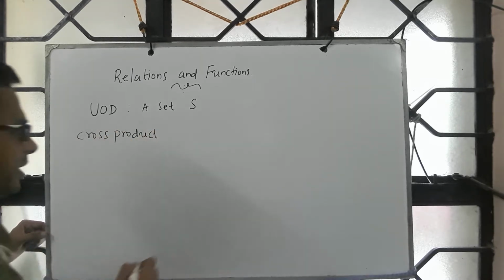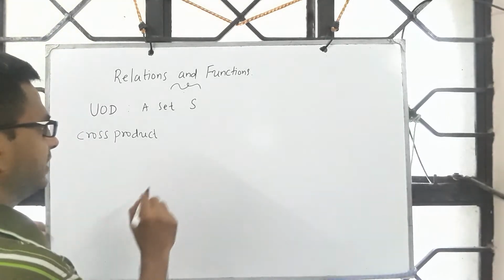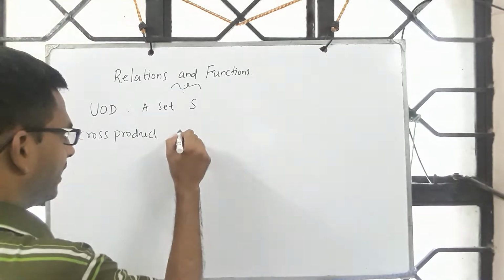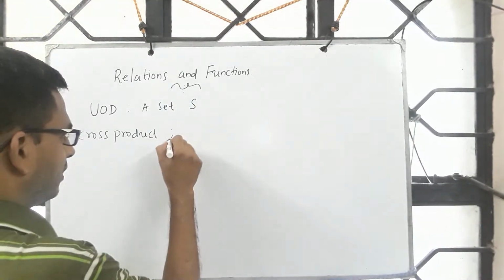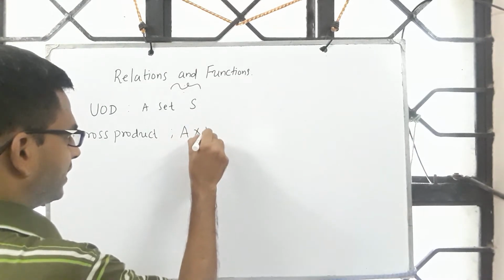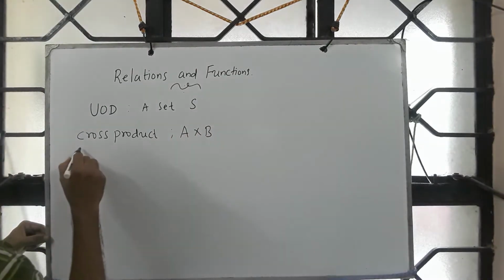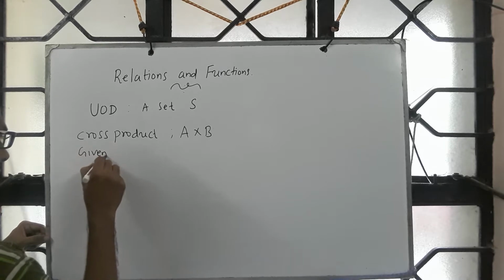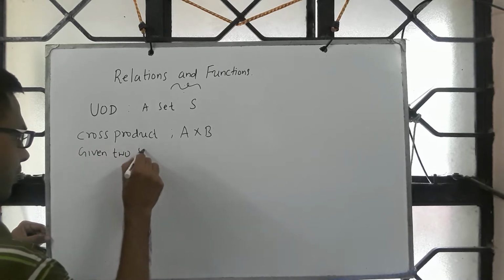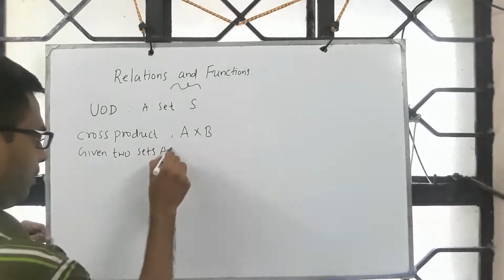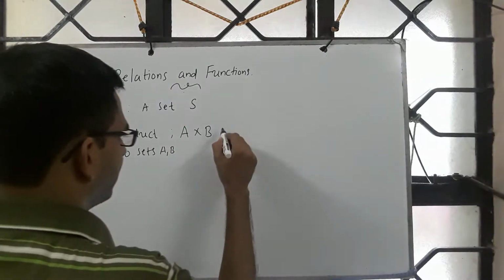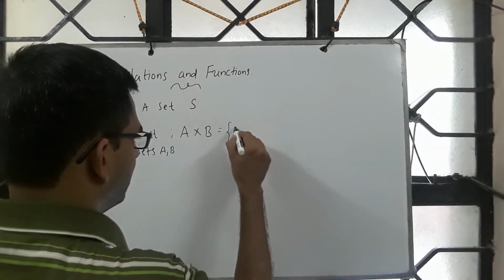So the cross product is between two sets, and for example, given two sets A, B, we define something called A cross B. What is that?